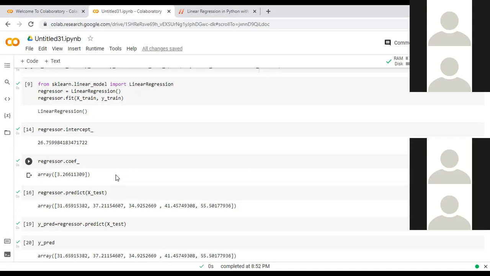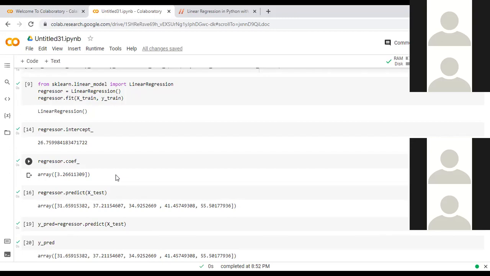Now, after doing this, I have to predict using the X test. As I told you in the last class, for creation of the model we use two sets. One is the training set, another is the test set.